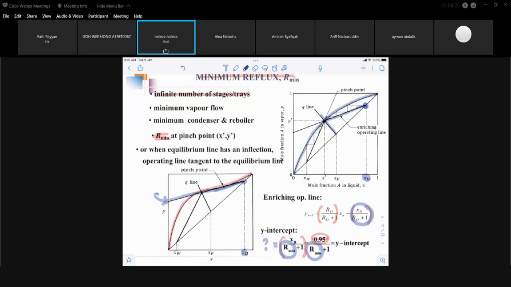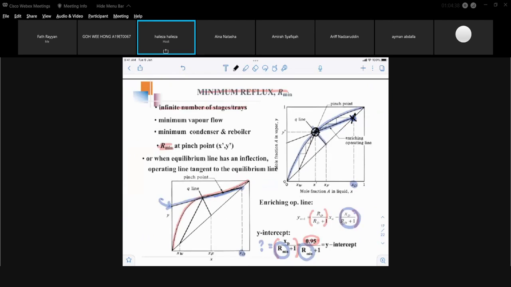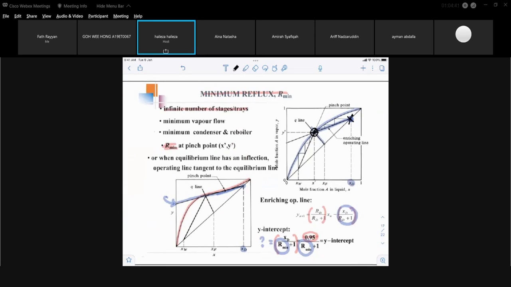Your enriching operating line should be drawn from the point on the 45-degree line to the point of intersection between the Q line and the equilibrium curve. That is the other point. So that's how you draw it, and you will get your y-intercept there.